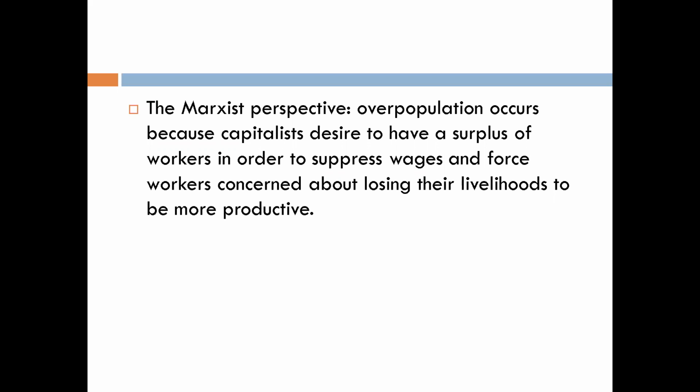Why should you accept our lower wages? Because we have a lot of choices. If you don't want it, we have another choice, and another. Then losing the livelihood becomes very important, and because of that, simple workers should be more productive.